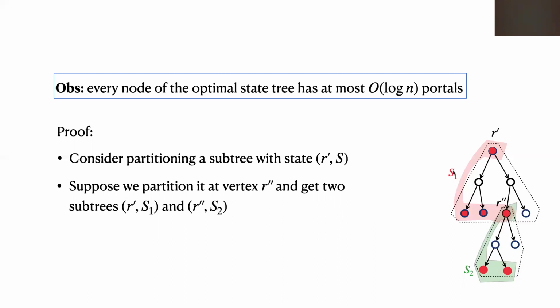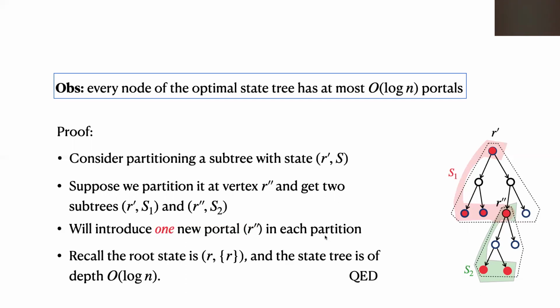And we divide the original portal set into S1 and S2 and assign them to the two subtrees. And this process will introduce one new portal in each partition. Recall that the root state is R with a single portal R. And the tree is of depth order log n. So it's easy to see that the portal set can only grow to size equal to the depth of the tree, which is order log n.